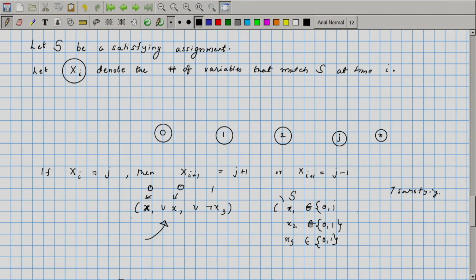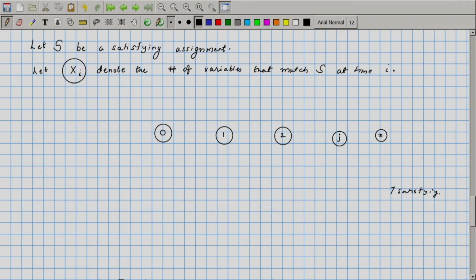So, this is a scenario that we have at some time: the number of matched variables is j, and j is not equal to n. Therefore, the current assignment certainly is not matching the satisfying assignment.